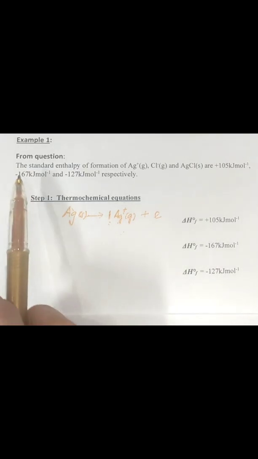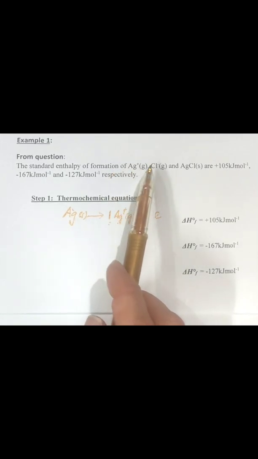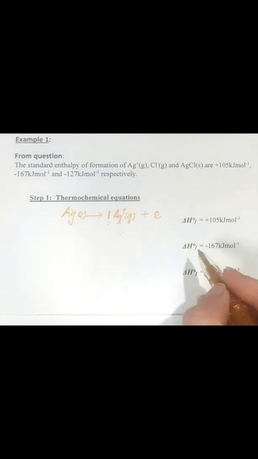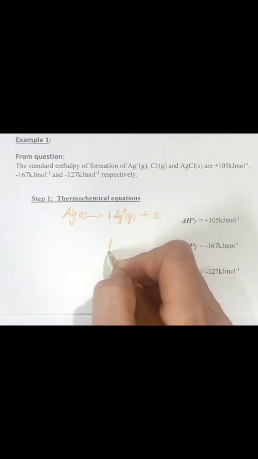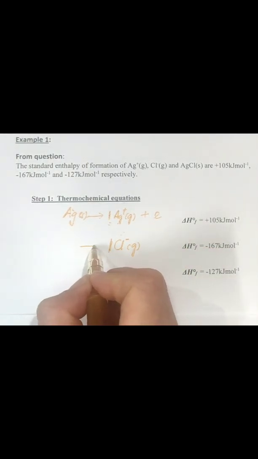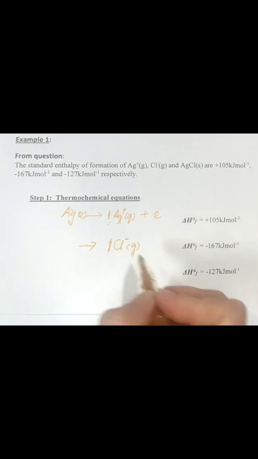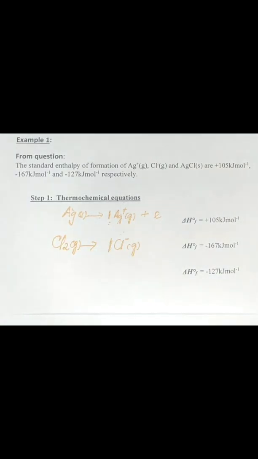The definitions for the standard enthalpy of formations of chloride ion. So the definition for the chloride ion should be 1 mole of chloride ion is formed from its element. So the element for chloride ion should be chlorine.